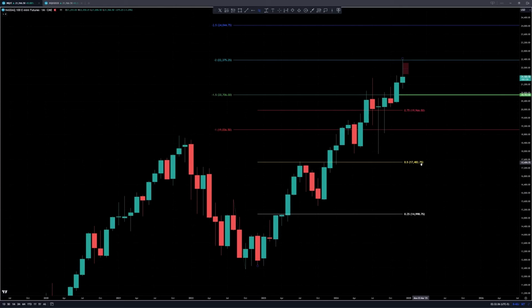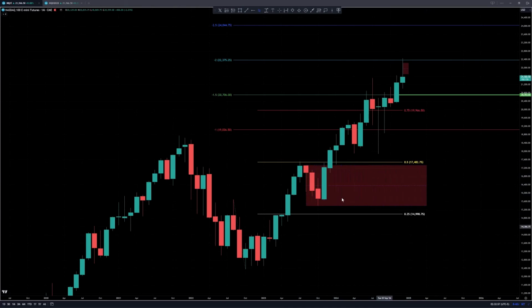This would be discount for me. And very likely it will go into this order block here and then go higher. So here in this area, I would love to go long. This is a nice area to be long here. Okay, so I can show that to you. This is really nice. It's really nice to be long here.